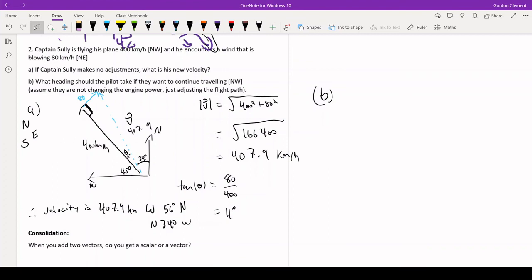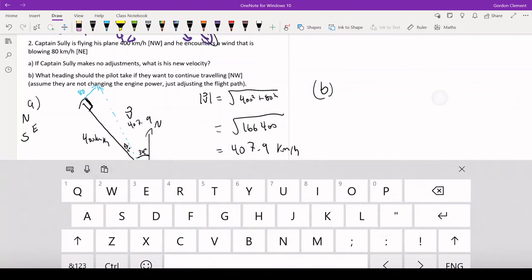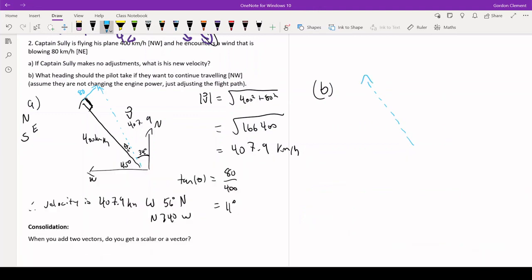So what we're going to do is draw that same sort of picture, but we want the result of the two vectors to be on that northwest path. So the wind is still traveling 80 there. They're going to have to steer into the wind a bit with their 400 because that's how fast the plane goes with no wind.